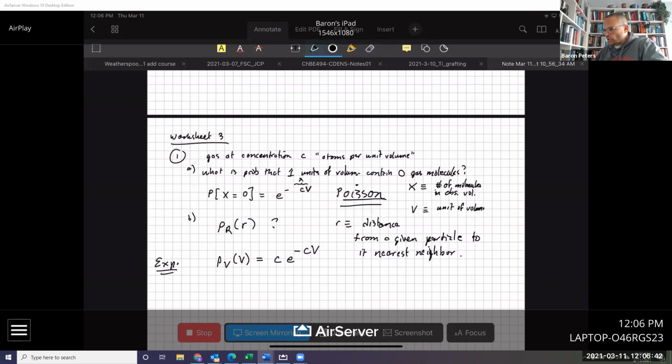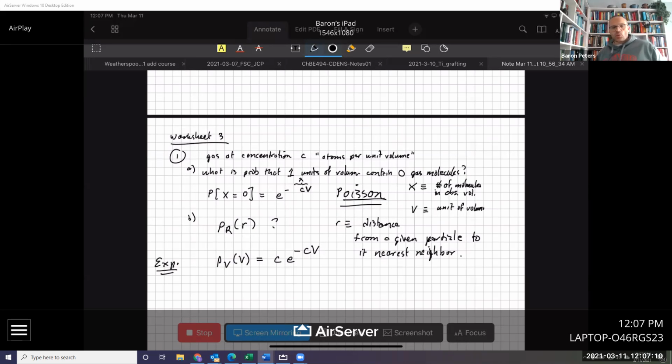So we have 1 unit of volume V. If the Poisson is e to the minus CV, the corresponding exponential is C e to the minus CV. And we just interpret them differently. One of them is how far in volume you will have to go in order to see the first one, and the other one is the probability that you will see 0 in that volume. So these 2 things can be interconverted.